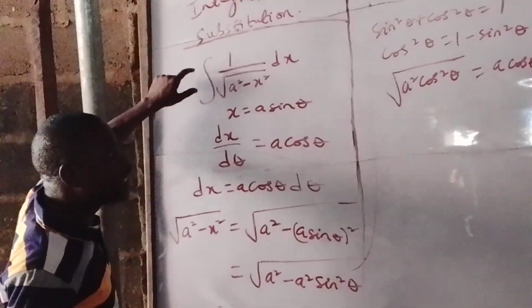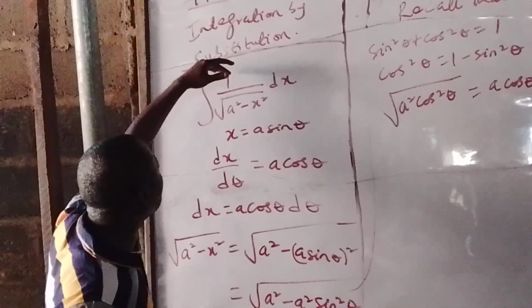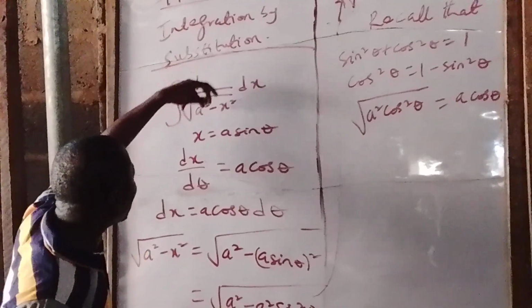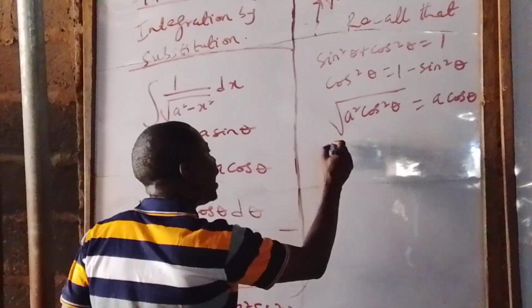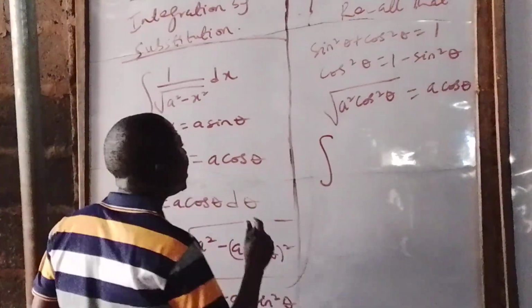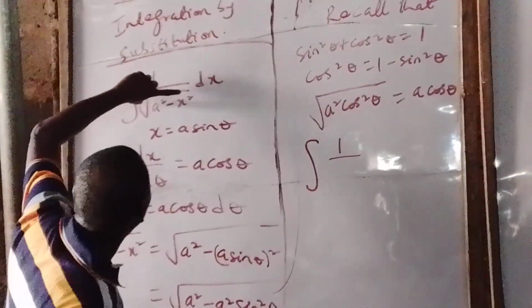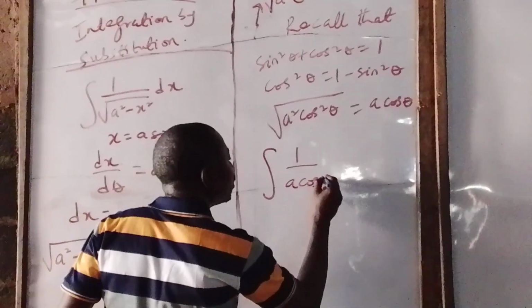Now come back to the context. The question says the integral of the reciprocal of the square root of a squared minus x squared. That means the integral of 1 all over the square root of a squared minus x squared. Now all of this becomes a cos theta.